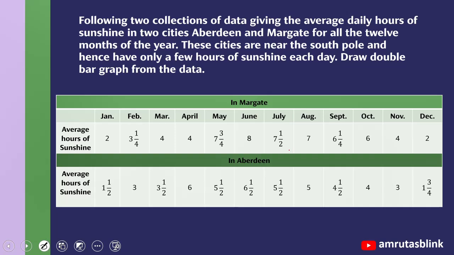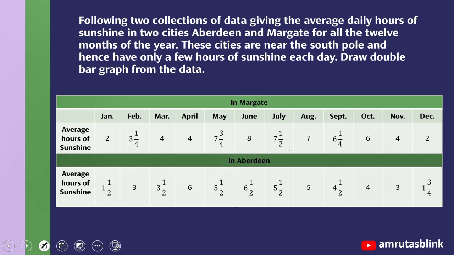In Margate, there are entries January, February, March, April, May, June, July, August, September, October, November, December. Average hours of sunshine are 2, 3 1/4, 4, 4, 7 3/4, 8, 7 1/2, 7, 6 1/4, 6, 4 and 2.